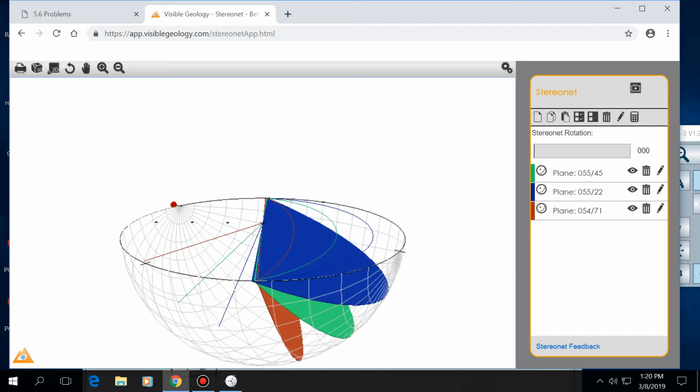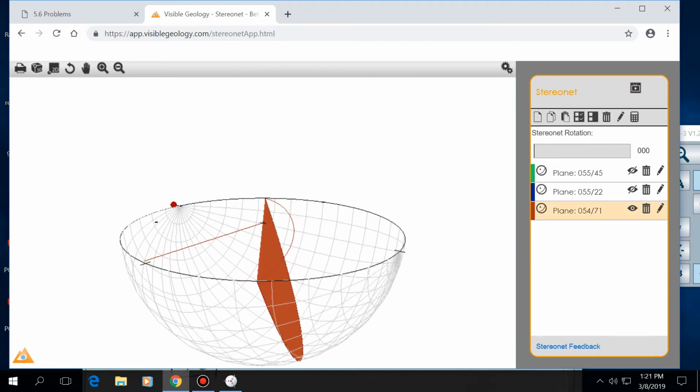Okay? And I have a question. Yes. The green here, it's 71, right? This one, the red. This one is 71. And that's the inside plane here?